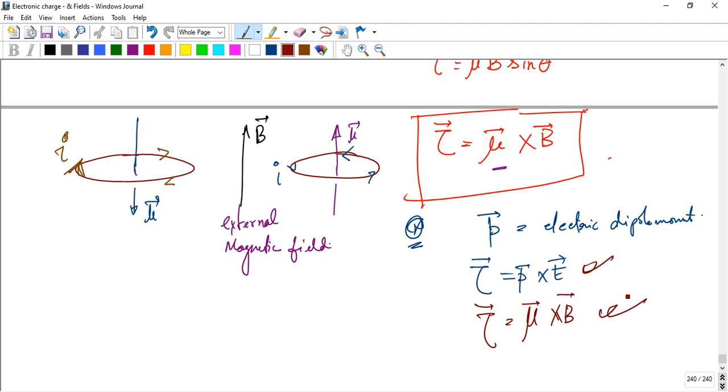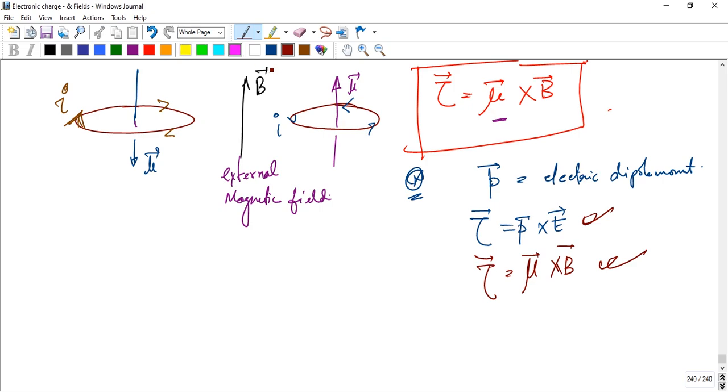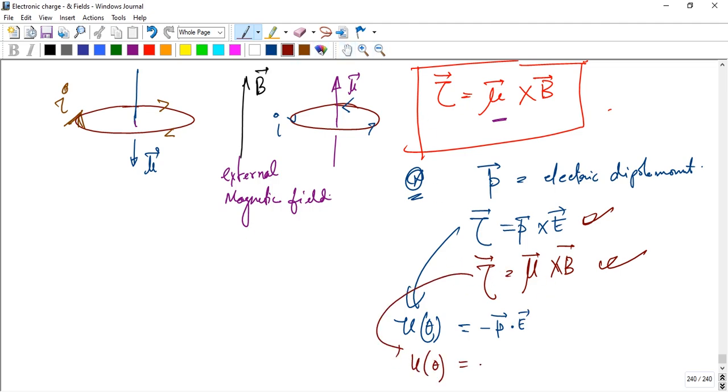Now consider the energy, the potential energy U theta. For electric, the potential energy is minus P dot E. Similarly, the magnetic potential energy U theta is minus mu dot B.